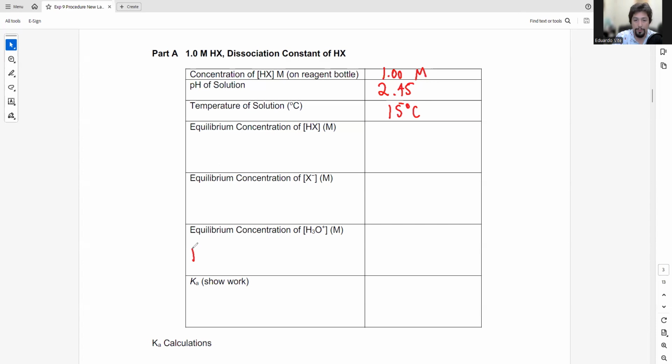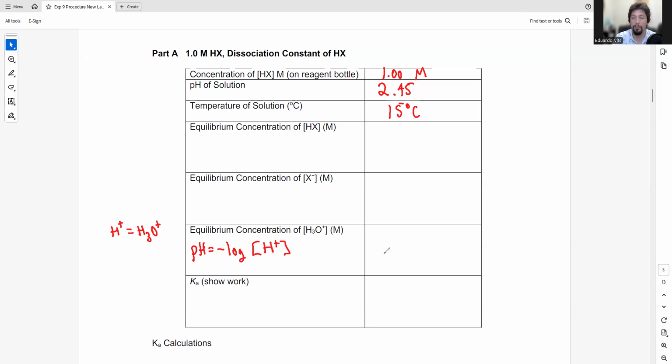Remember that the definition of pH is equal to the negative log of the H plus concentration, your hydrogen ion concentration. And also remember that hydrogen ion H plus is the same thing as H3O plus. We just don't want to be writing H3O plus constantly. So you should know it's the same thing. H plus is the same as H3O plus, which means we can use our pH to solve for the H plus concentration.